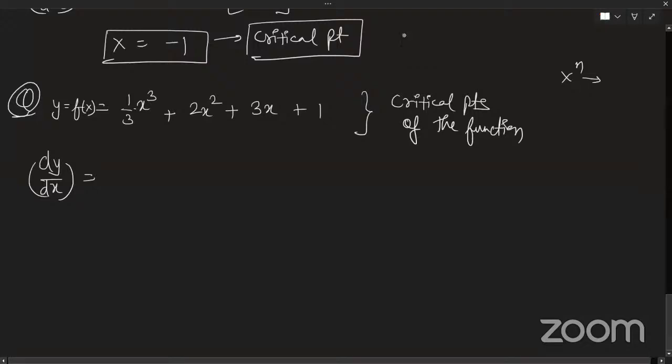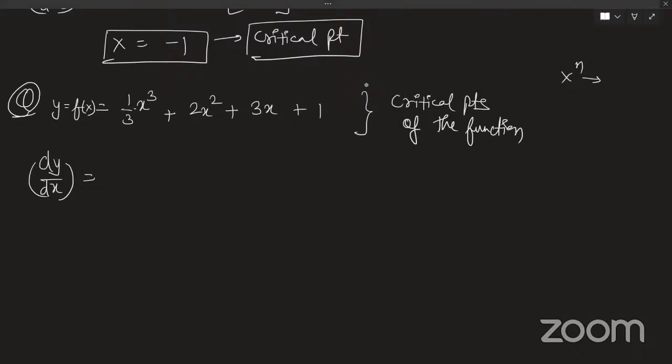Gayatri, do you know the answer to this? Sir, is it 3x by 3 whole square? So what is 3x divided by 3? 3 will get cancelled, x square. Yes.